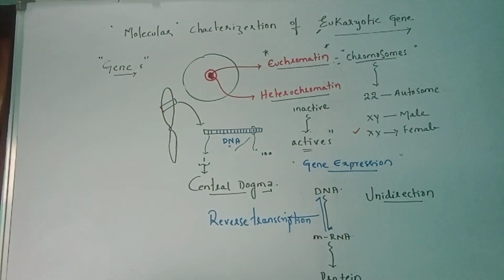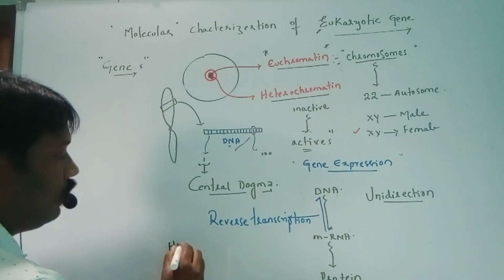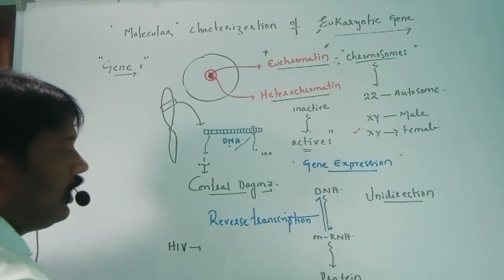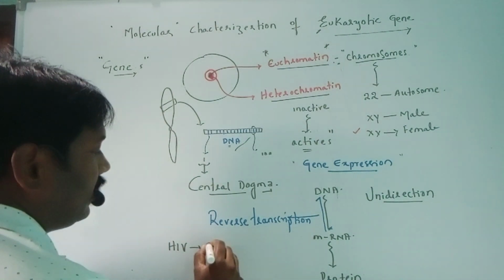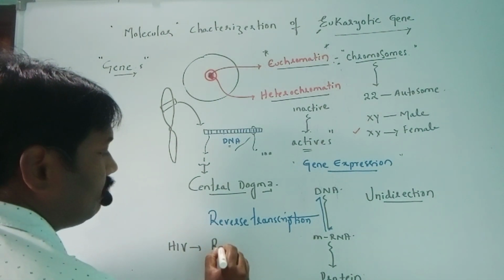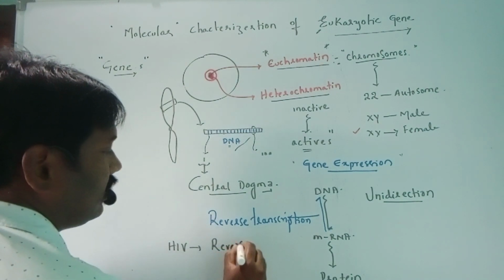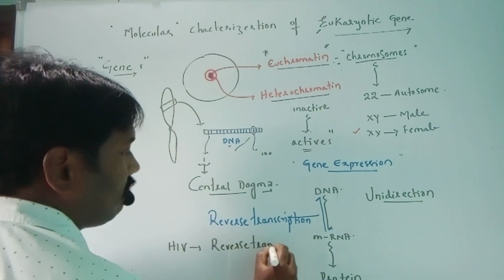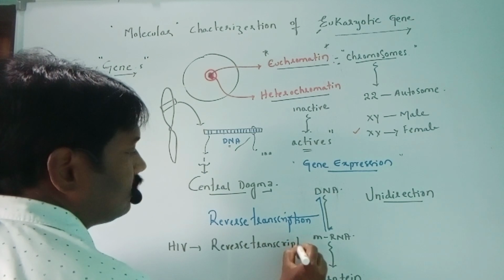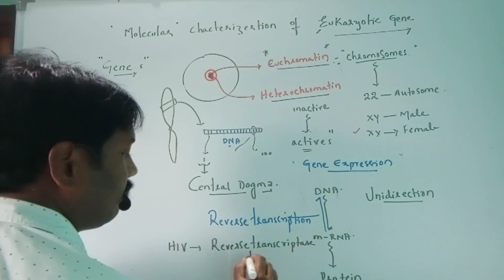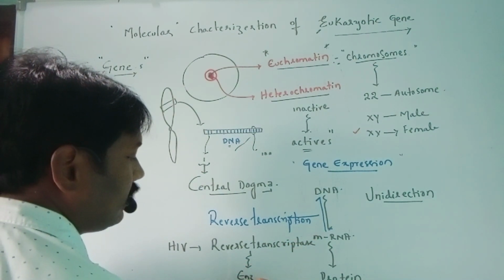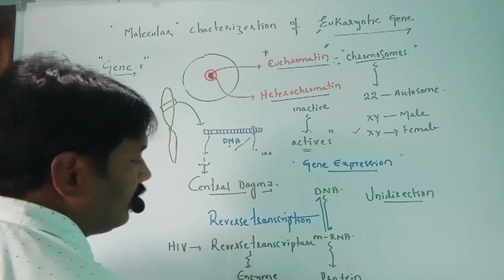Why this happened is because in the HIV virus, the human immunodeficiency virus, there is an enzyme by the name reverse transcriptase. Due to the presence of this enzyme, they involve in the reverse direction.